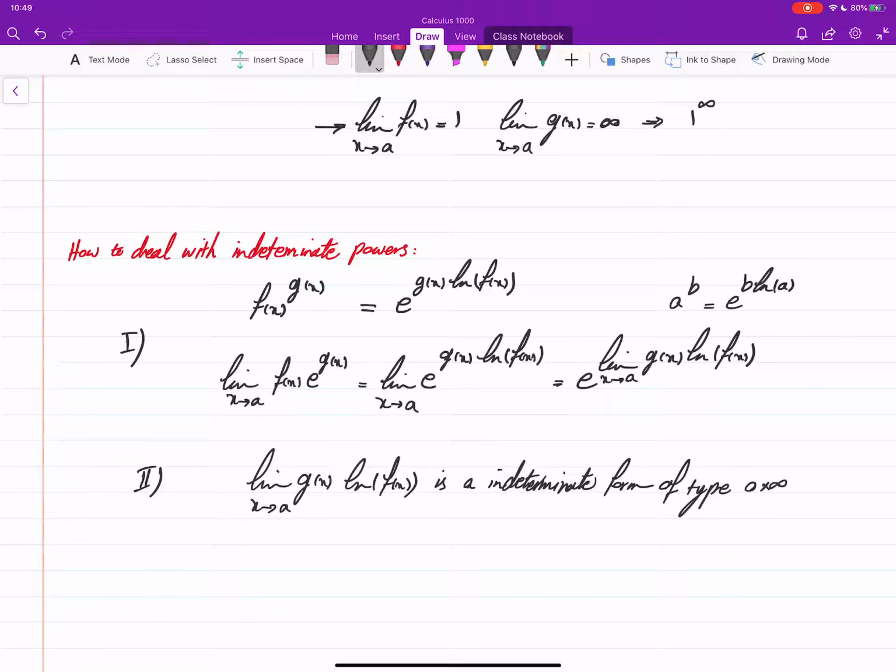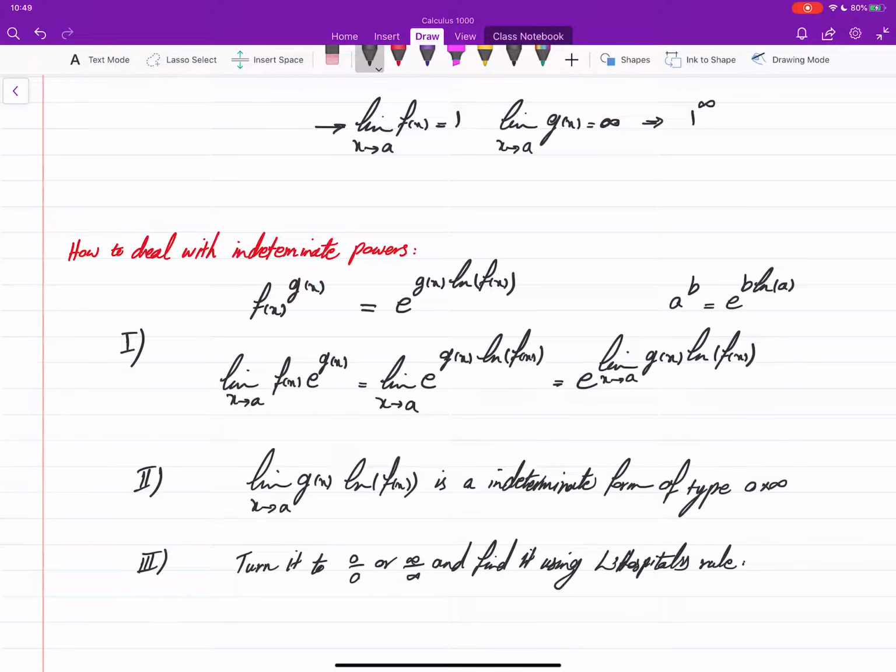We know how to deal with that. We can turn it into either 0 over 0 or infinity over infinity and find it using L'Hopital's rule.